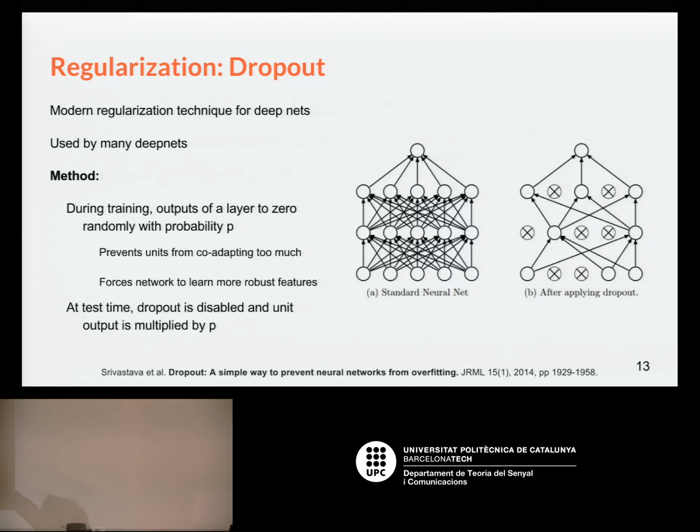Let's say you have your network with all your neurons, and every time you do a forward pass, you decide with some probability whether you are going to use each neuron or not. For example, if my probability is 50%, every neuron has a 50% chance of being used or not in that forward pass.